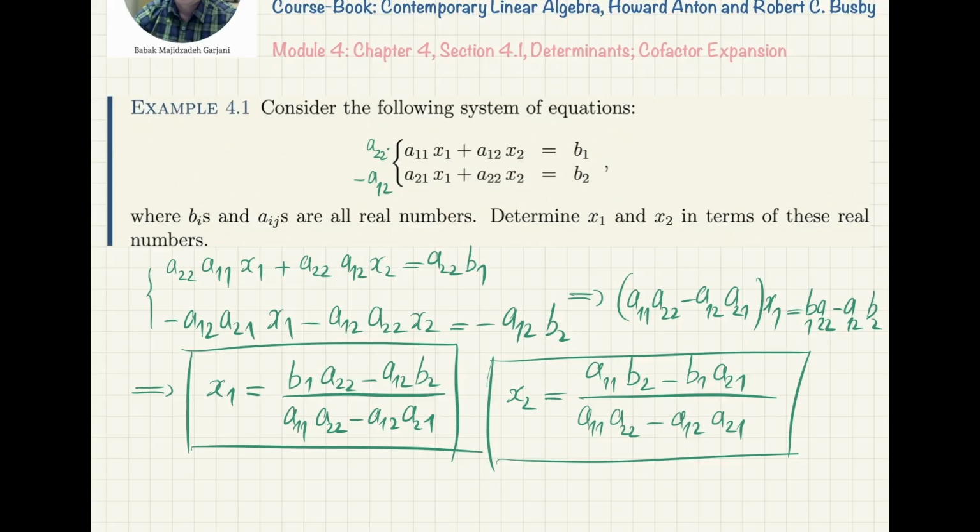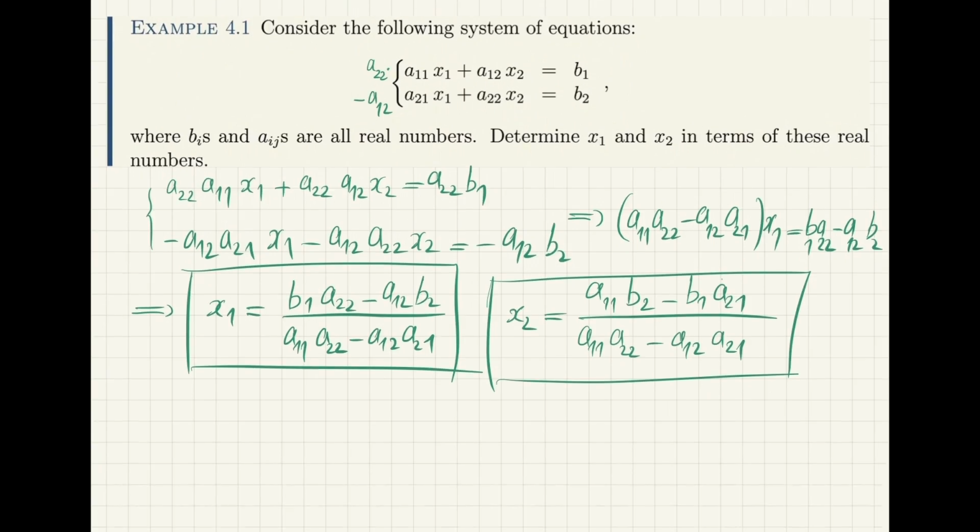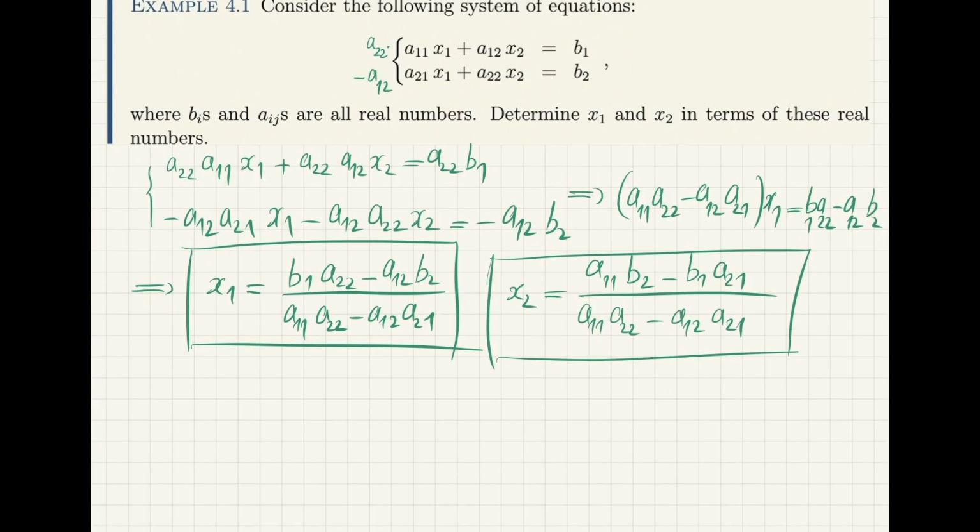Now let us have a closer look at the structure of these formulas. We immediately realize that the denominators for x1 and x2, as I said before, are exactly identical. Let us denote this common denominator by a symbol. I would write this symbol with a11, a12, a21, a22, and put a colon and equality sign.